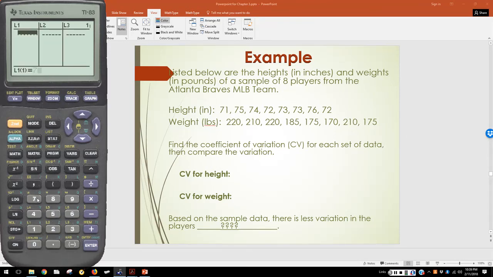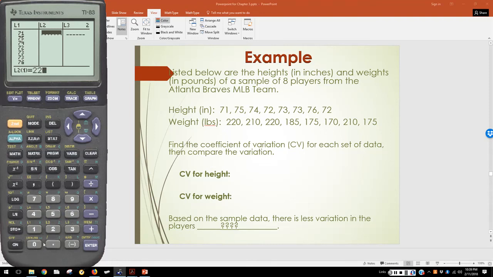Their heights are 71, 75, 74, 72, 73, another 73, 76, and 72.